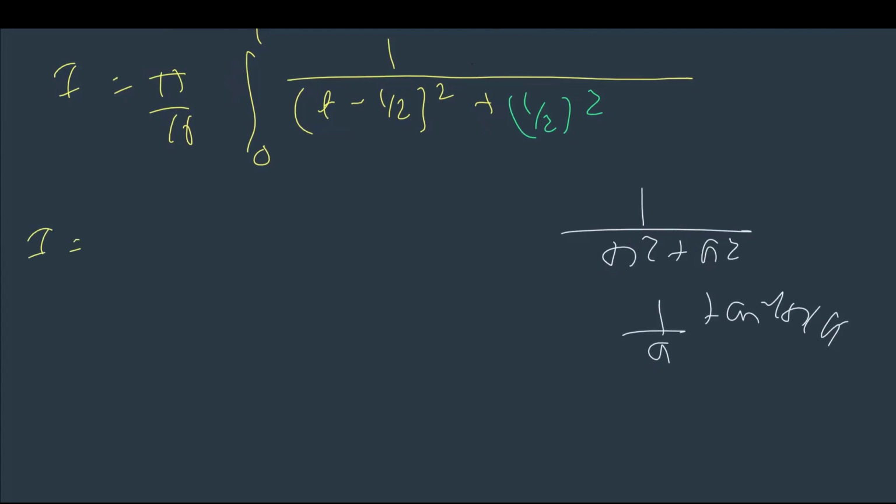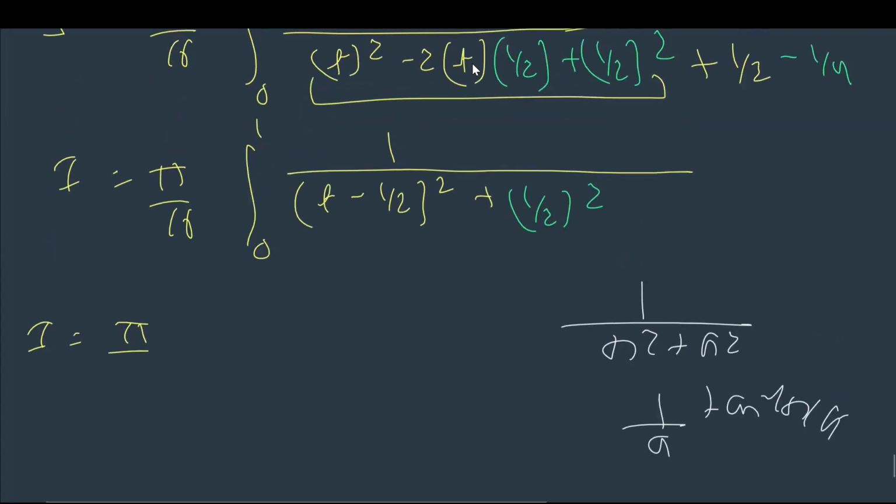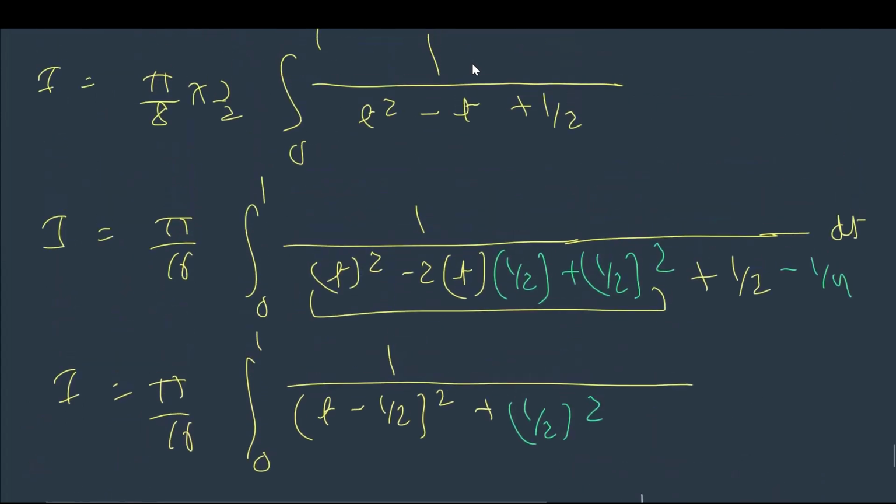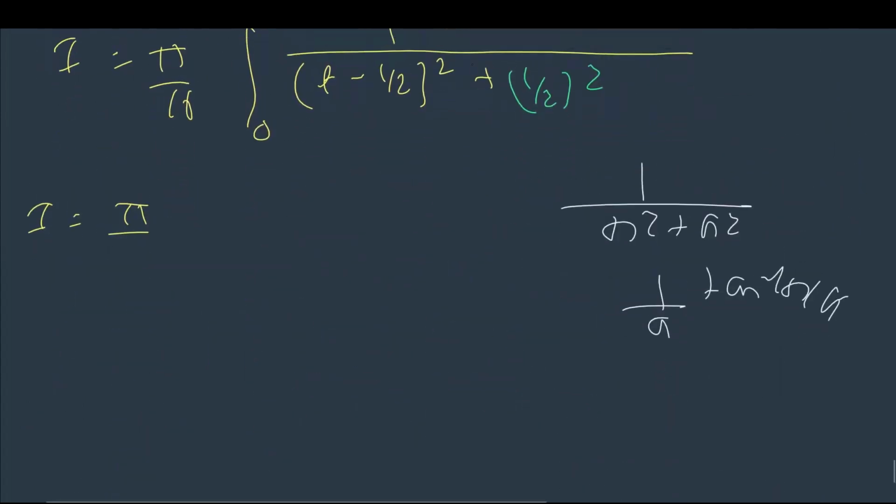I is equal to pi by 16. Yeah, that's pi by 16. Then 1 by a, and a is this. So 1 by a, 1 over half is what? 2 only.